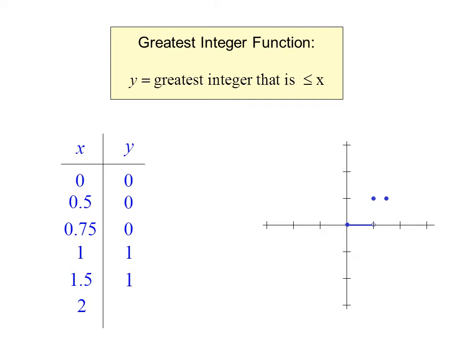And we continue this pattern. At 2, we get another step, because the greatest integer that's less than or equal to 2 is 2. The graph looks like this, which kind of reminds us of a staircase.